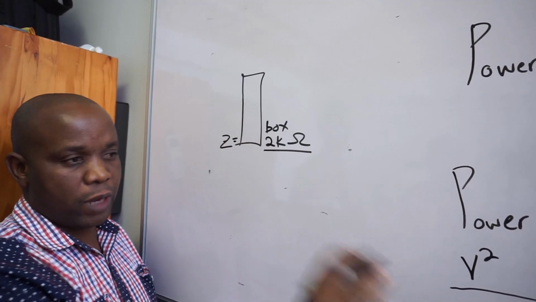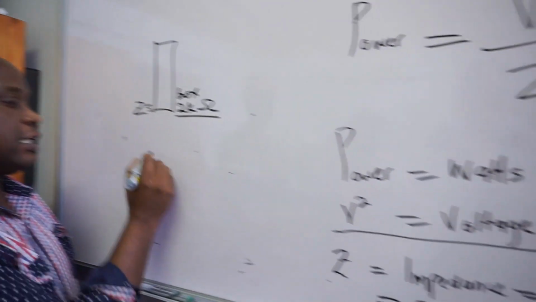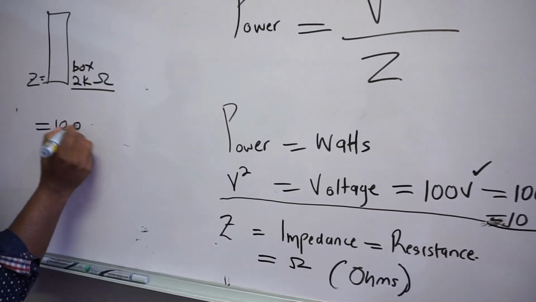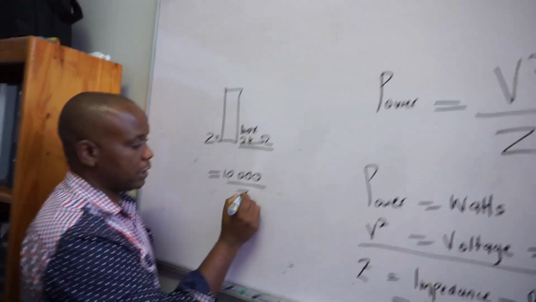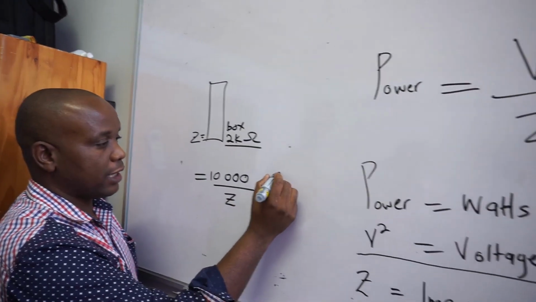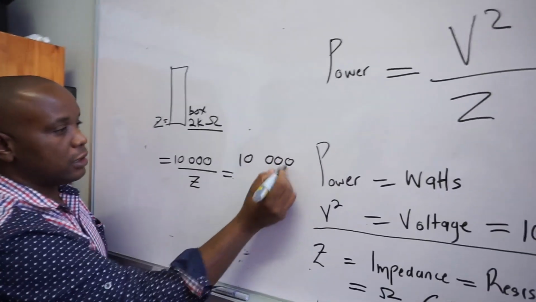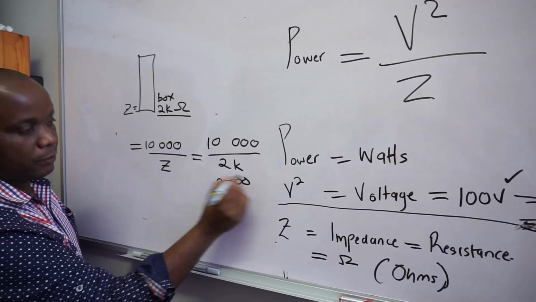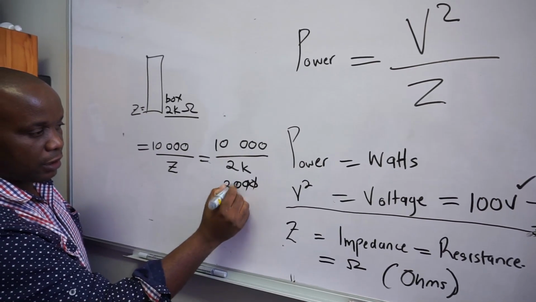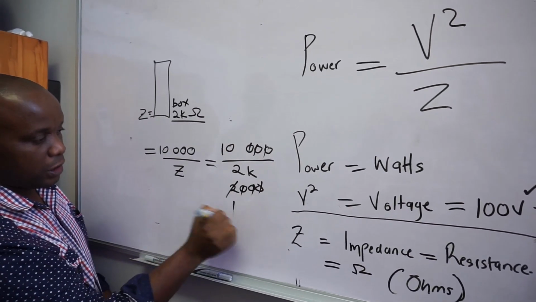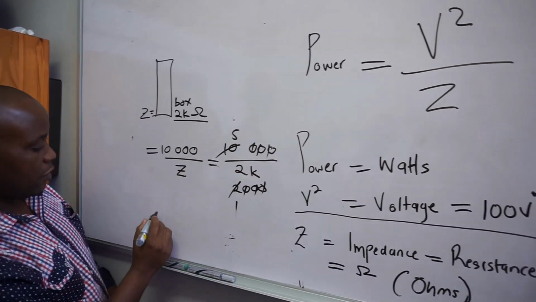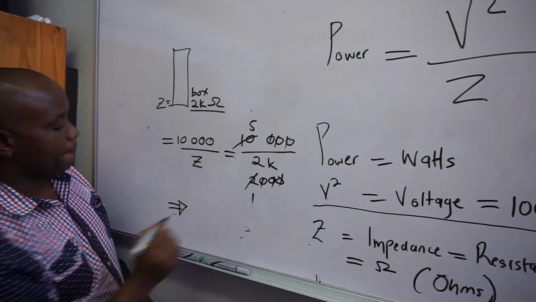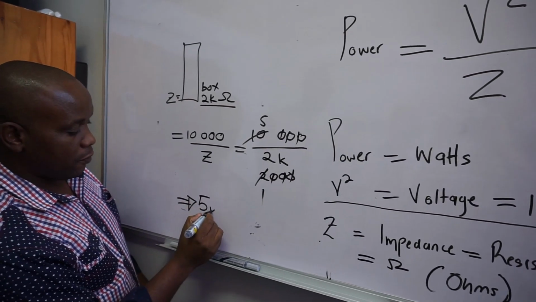As long as you are working with a 100-volt line, divide that number into 10,000. That's your simplest mathematics. So in our case, we divided 10,000 by 2K. 2K is equivalent to 2,000. That's all I did. I just cancelled all the zeros, 2 there, 2 there, gave us 5. So I could tell this speaker is going to demand 5 watts.